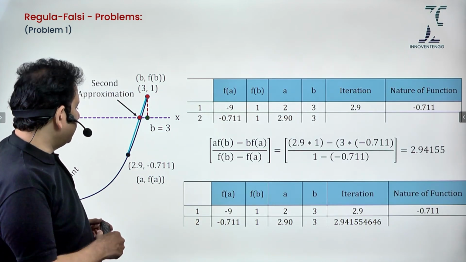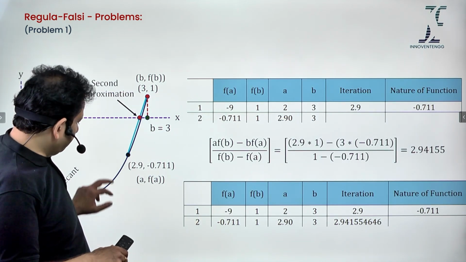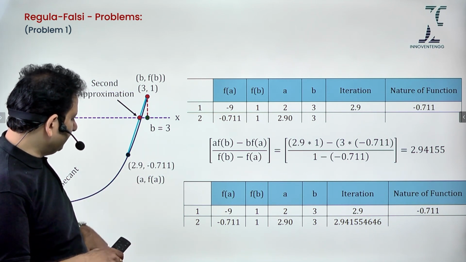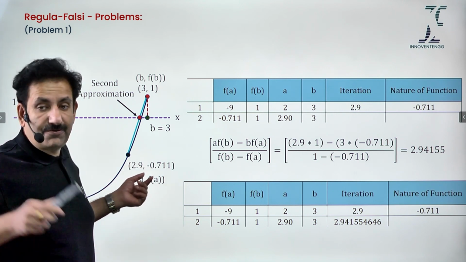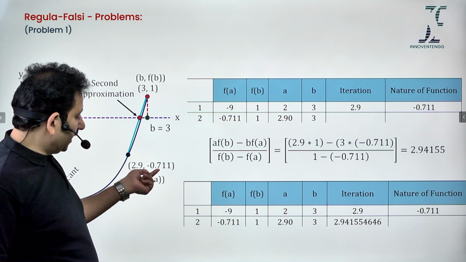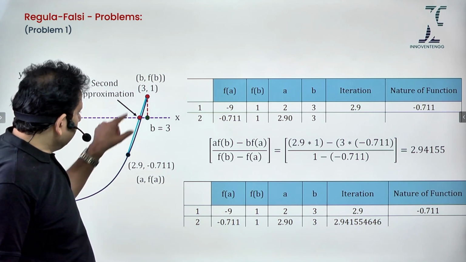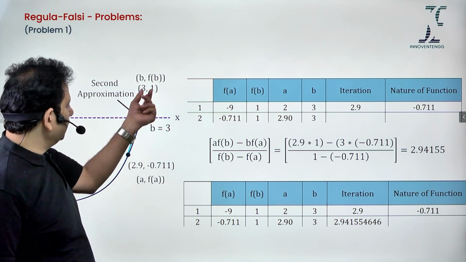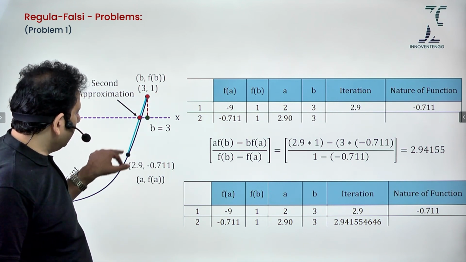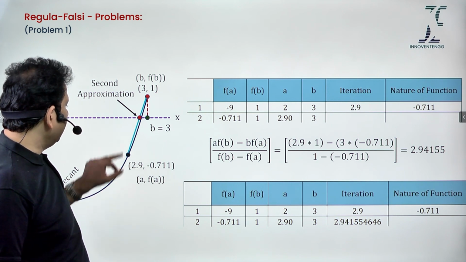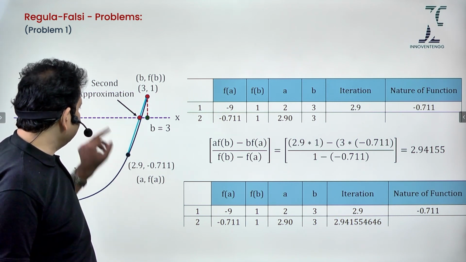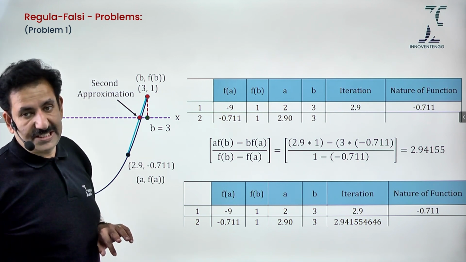Now you can see the sky blue line, which joins 2.9 comma minus 0.711, where 2.9 is your first approximation and minus 0.711 is the value of the function, and the other point remains fixed both in terms of the value of the function and the x coordinate. You are joining those 2 points by a straight line, and you can clearly see that wherever it intersects the x-axis, you get your second approximation.